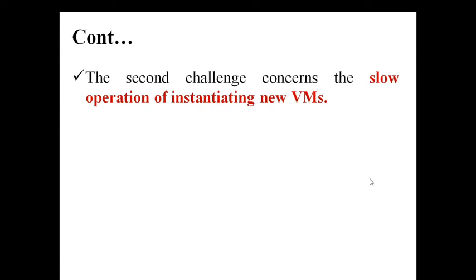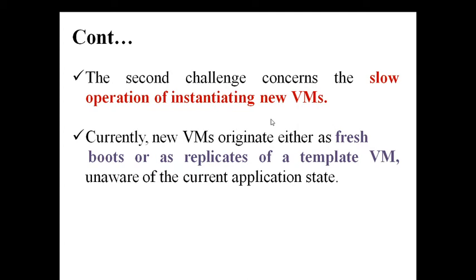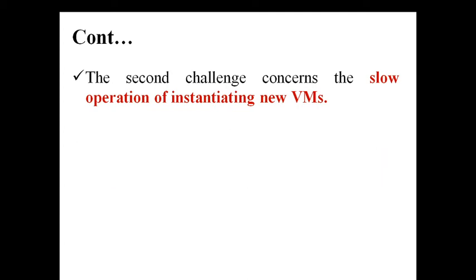The second challenge concerns the slow operation of instancing new VMs. If every time a new VM is installed, verified, and configured, it will waste a lot of time. If that is the case, we should not allow new VMs to take care of our resources.